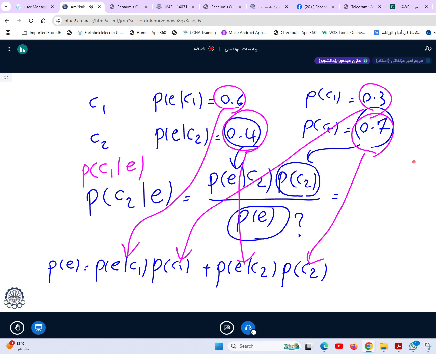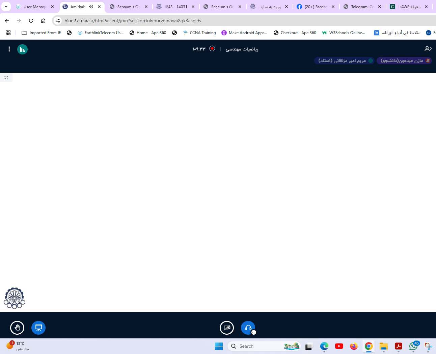Excuse me, sir. If I have another class such as C3, I add this class with this probability? Yes, you may have more classes. It makes no difference. For example, C1, C2, and C3.